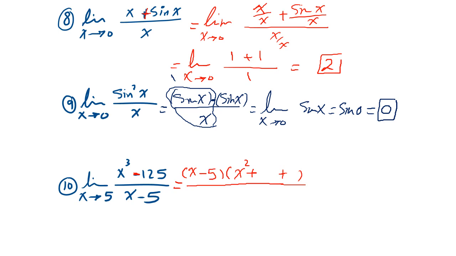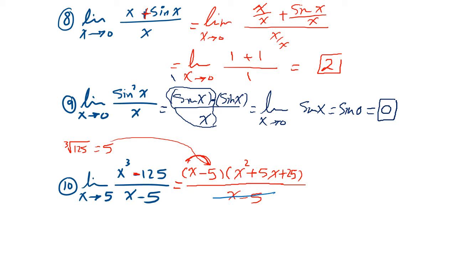125 is 5 by 25. How did I figure it out? I know that the cubic root of 125 is 5. So I'm adding 5 here, and 5 multiplied by itself is 25. Then I'm going to multiply x by 5, which is 5x, over x minus 5.